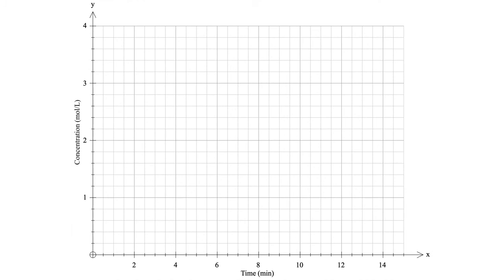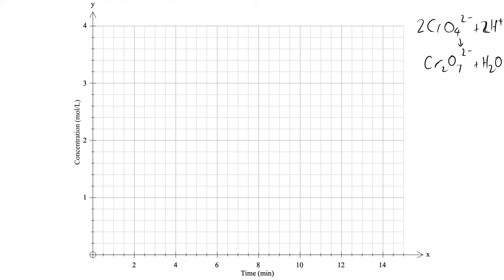Okay, the equation is 2CrO4 2- + 2H+ ⇌ Cr2O7 2- + H2O. Now you can't show the concentration of water because it's the liquid, it's the solvent, so therefore you can only show the solutes.